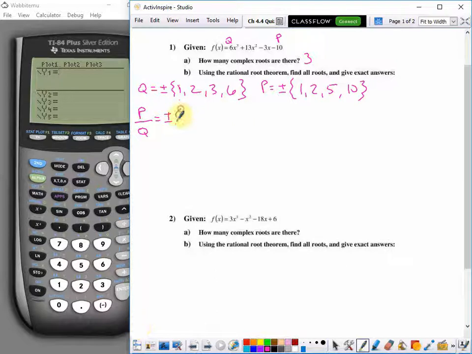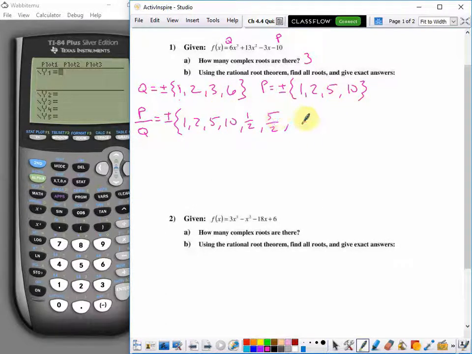Okay, so P over Q means all the P's over all the Q's. So all these P's over 1: 1, 2, 5, 10. All the P's over 2: 1 over 2, 2 over 2, which is 1, we've already used that, 5 over 2, and 10 over 2, and that's 5, and we've already used that, so we don't have to rewrite that.